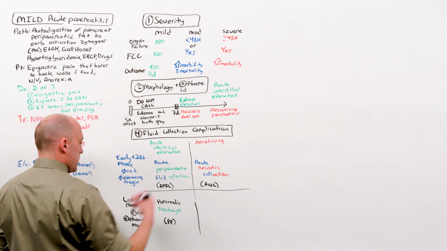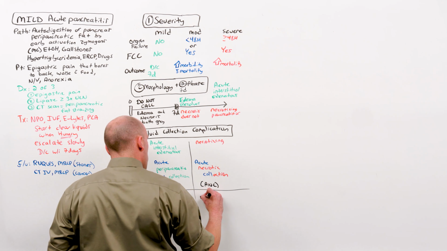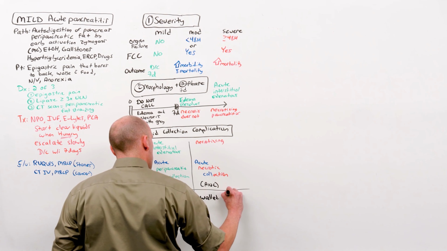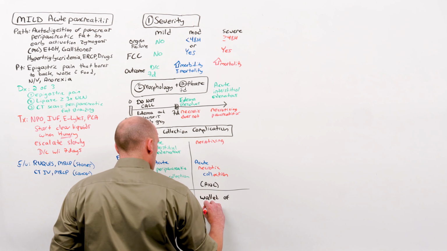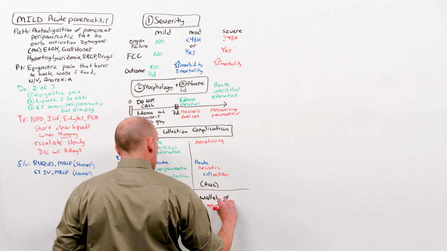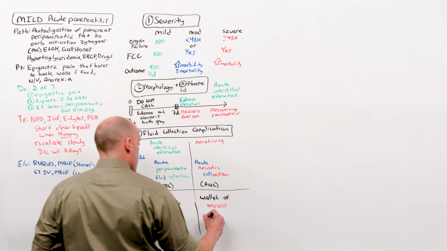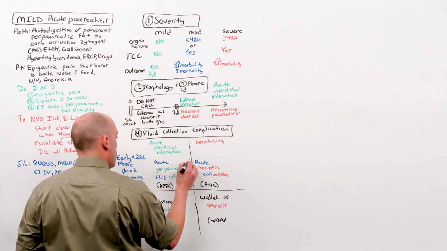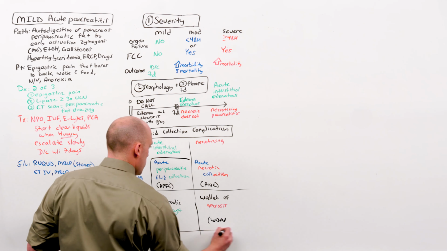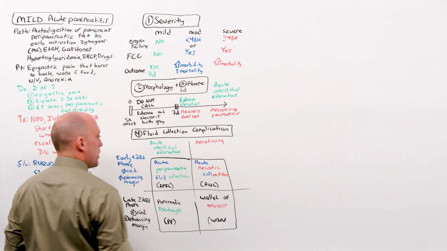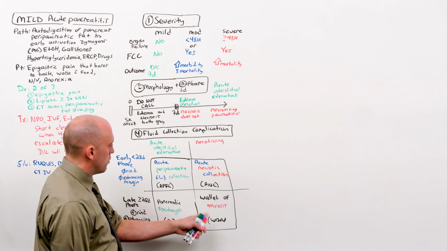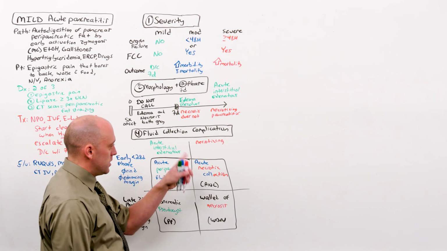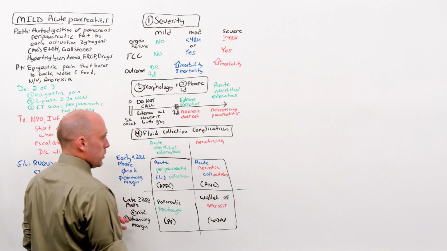Late necrotizing is called a walled-off necrosis. Abbreviated WON. It's not hard, it's just not immediately clear because necrotizing, necrotic, necrosis, different tenses, but it all lines up color-coded.